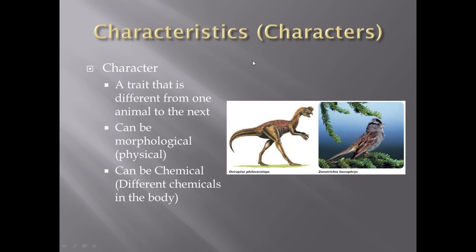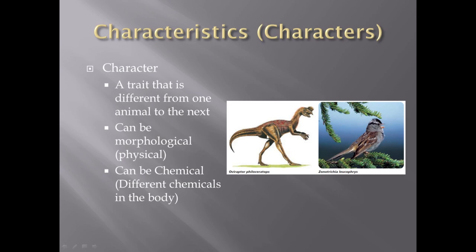Okay, now, next idea. Characteristics, or the book calls it characters. A character is just a trait that is different from one animal to the next. So these differences can be morphological, like for example, right here you have what looks to be a type of raptor versus here, which is a type of bird.